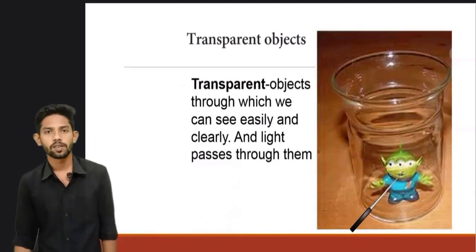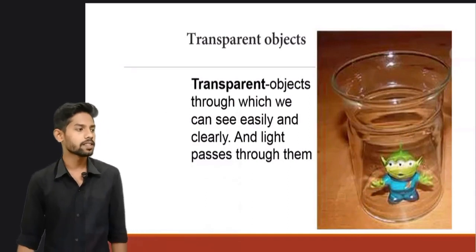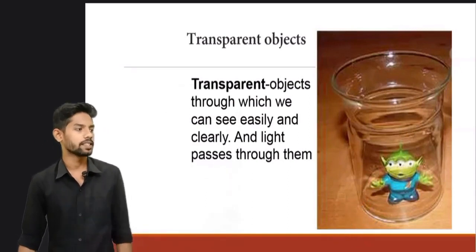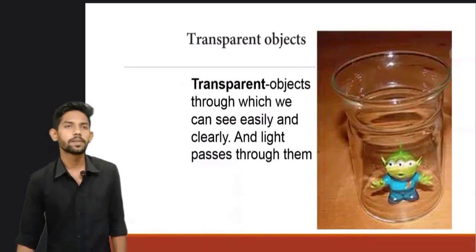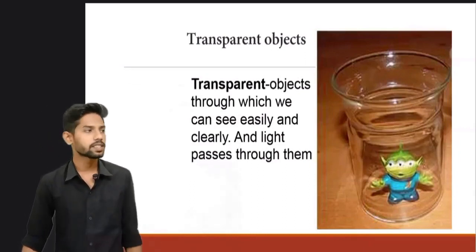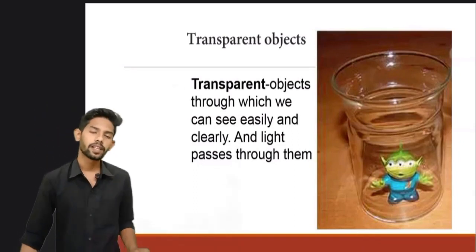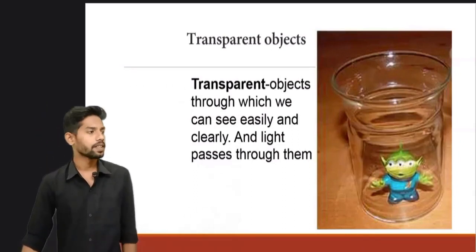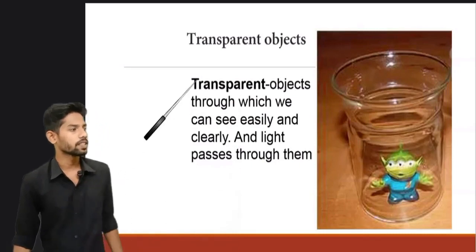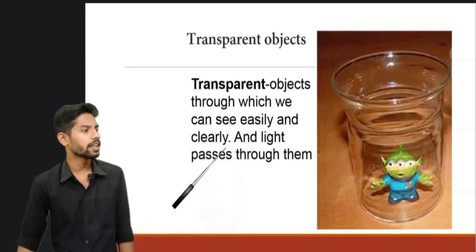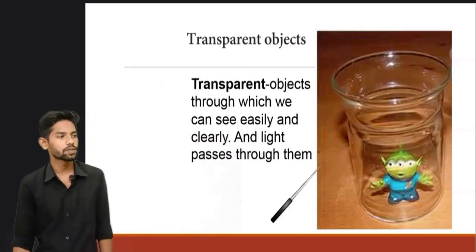Outside the glass, we can see the glass and the toy, the doll present in the glass. Now, so simple it is. Transparent things are those which we can see through easily and the light passes easily. So this is the definition of transparent objects, through which we can see easily and clearly and light passes through them.